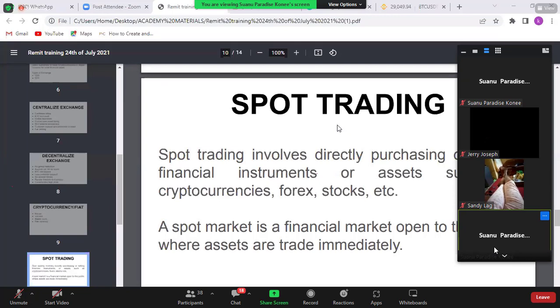Now, there is one unique factor that will always make me choose cryptocurrency over forex and stock market. The stock market does not run 24 hours. The forex market does not run 24 hours. But cryptocurrency runs 24 hours.